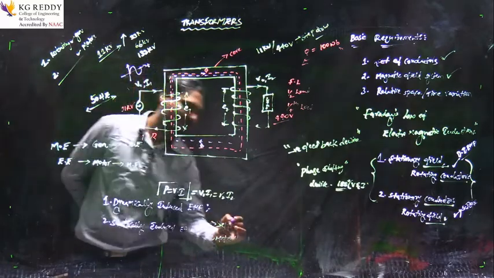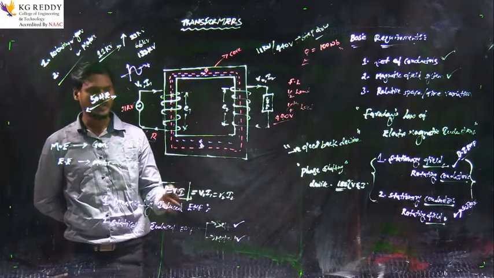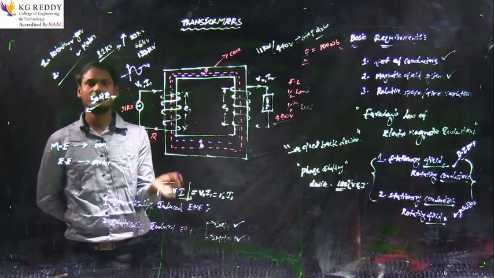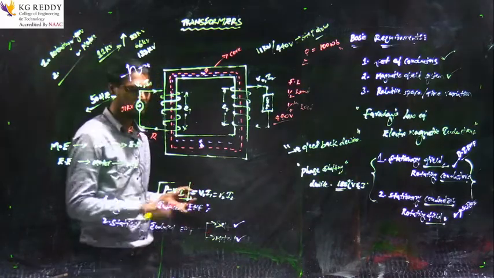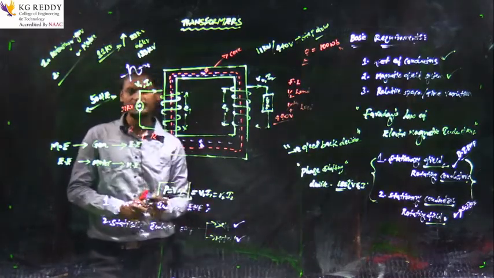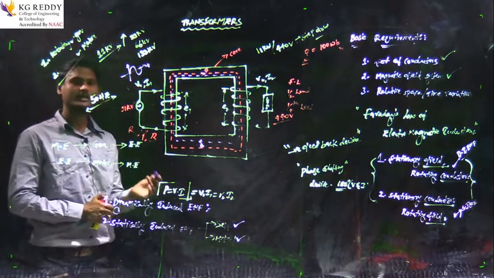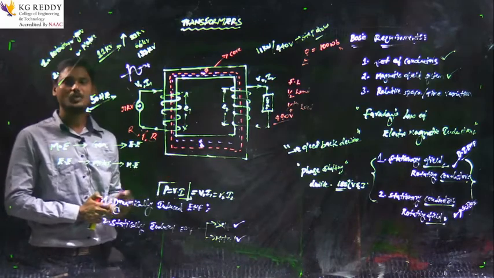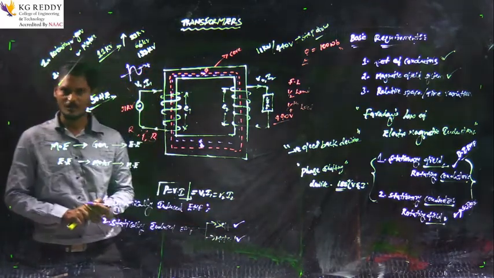The self induced EMF means the EMF induced in a coil due to current flow through its own coil. So that we will get the self induced EMF, right. The mutual is the EMF induced in the conductors where the current is flowing through another coil, that will be called mutual induced EMF, okay guys.